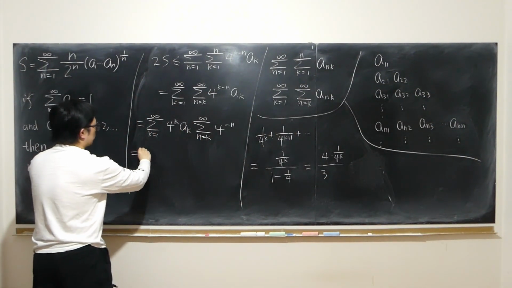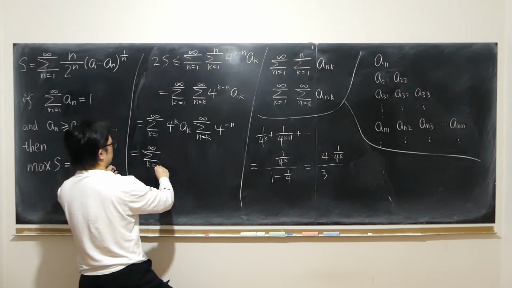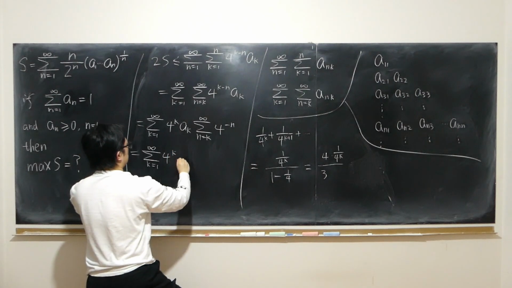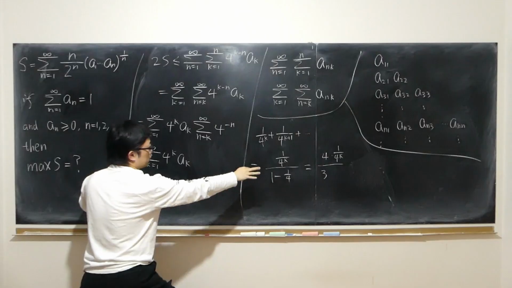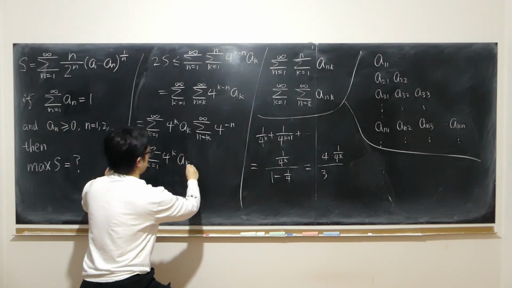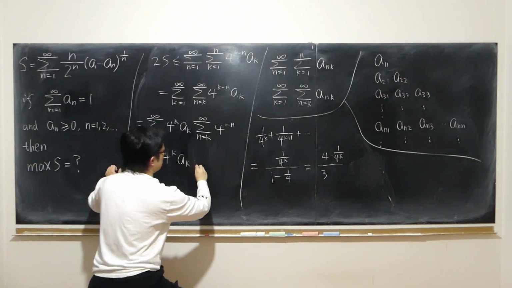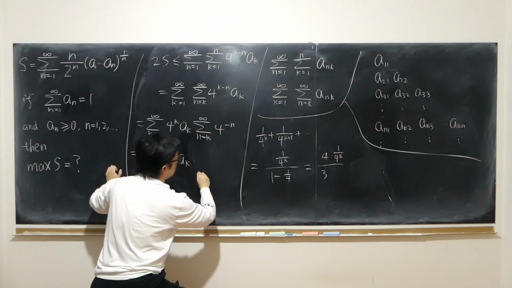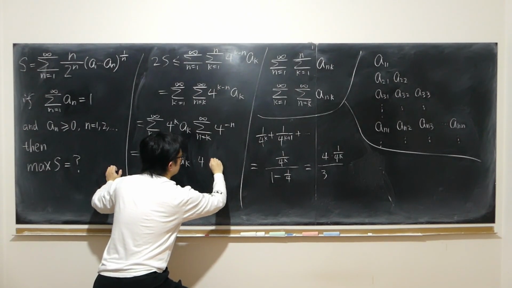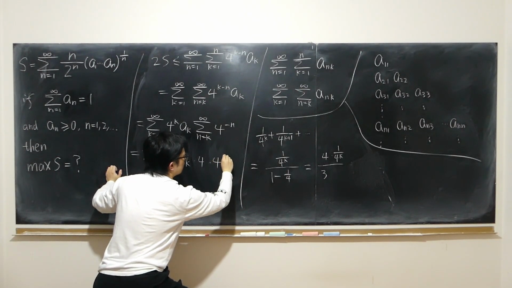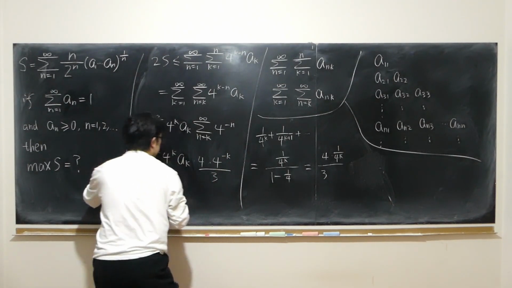So that is equal to the sum k from 1 to infinity of 4 to the k times ak. So this infinite sum I already know. That is 4 times 4 to the k minus k over 3.